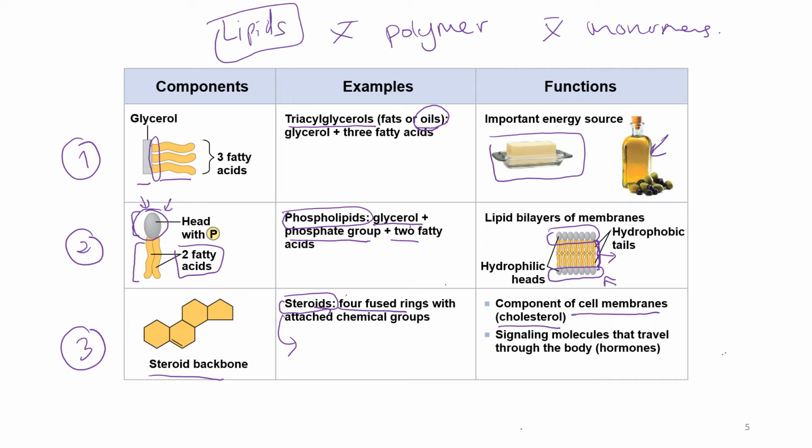The cholesterol also functions as a precursor molecule that is used to synthesize steroid hormones, such as sex hormones, for example estrogen, progesterone or testosterone. So all these hormones are initially synthesized from cholesterol, which is a type of steroid.